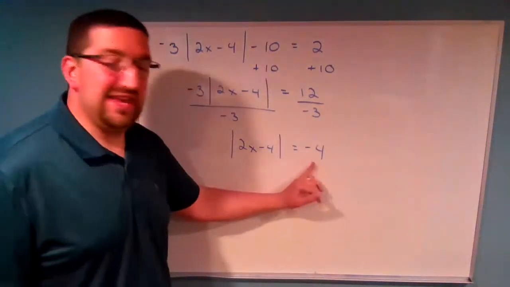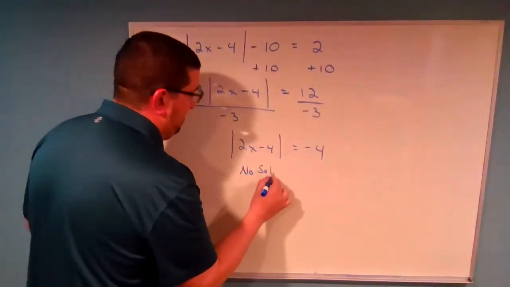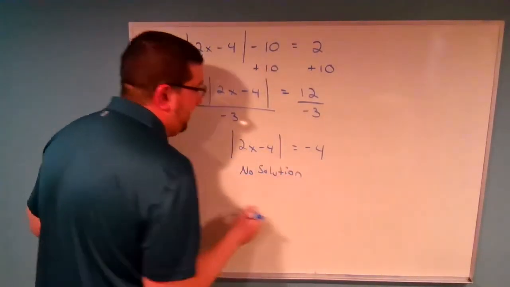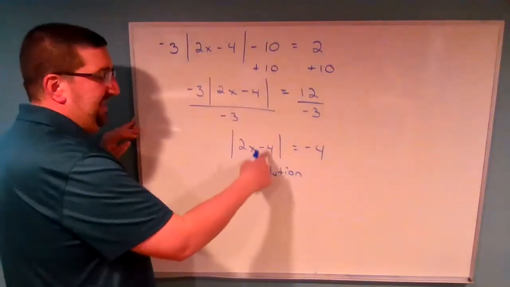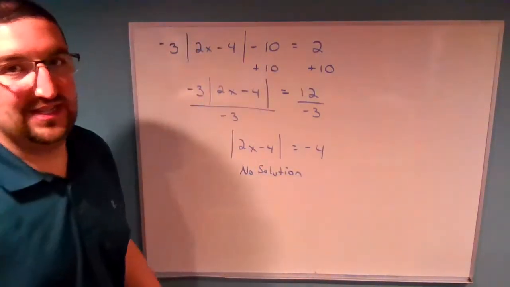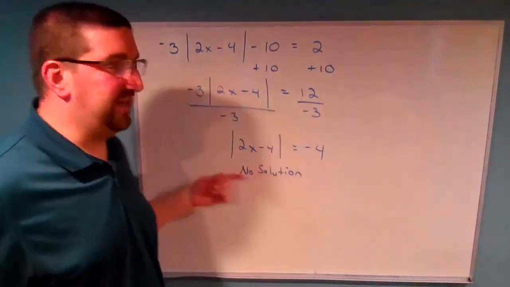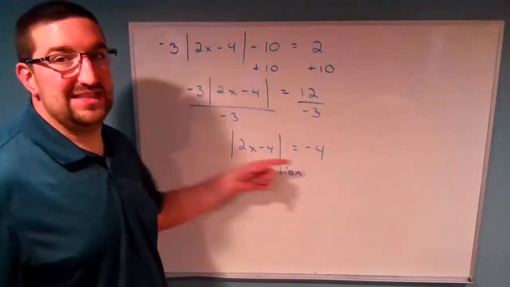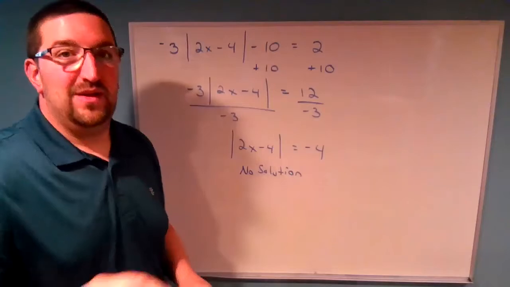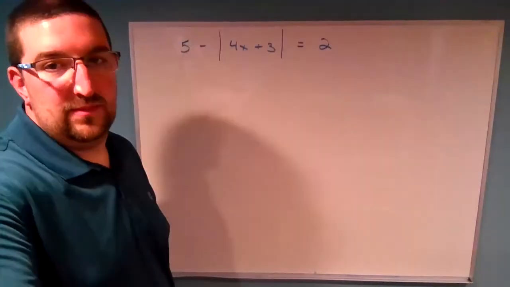So if you get this, it's no solution. Believe me, if you took this and you broke it up into the two equations, you wouldn't notice the difference until you went and checked your answer and you said, whoa, why is it no solution? You have to look to see if it equals a negative. All right? One more problem of equations, then we'll move on to inequalities.